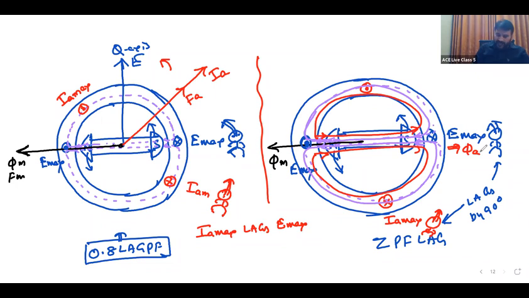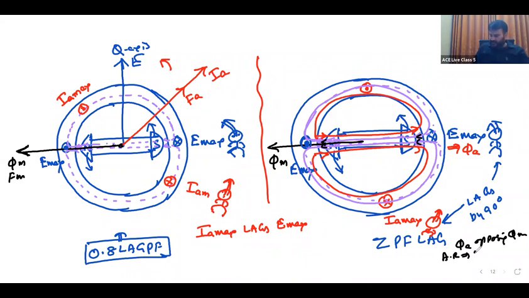Now, how are both there? The main field flux is in this direction, but the armature flux is exactly opposite. So phi A opposes phi M. Therefore, what is the armature reaction?